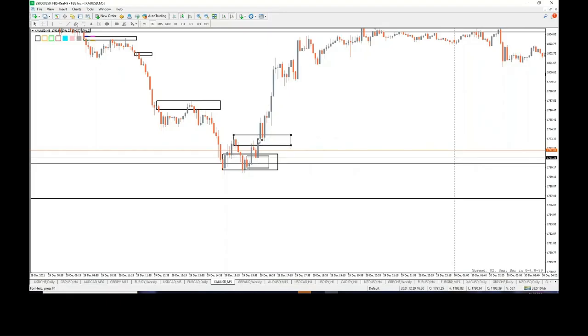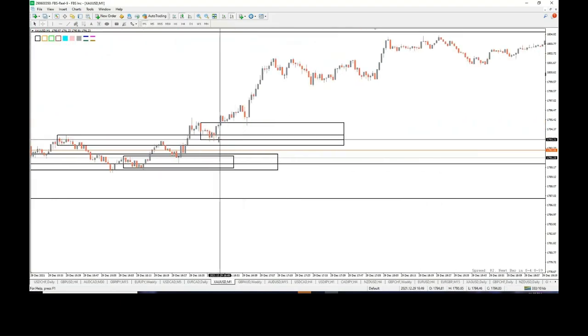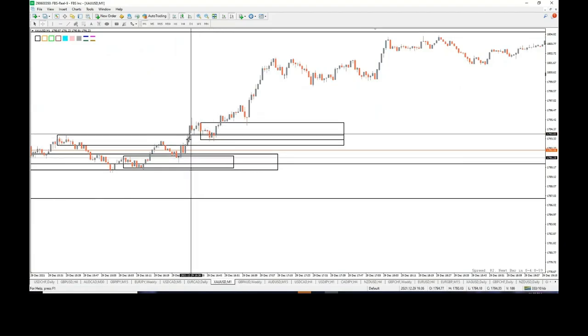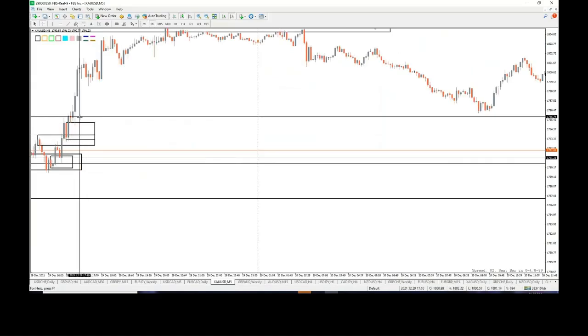If you wait for M5, you can enter here. If you go to M1, you cannot enter because there is no engulfing buy right here. So I don't take it. I wait for this to engulf buy and enter.